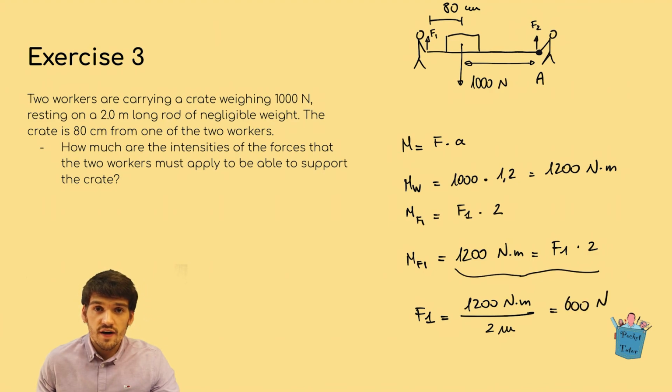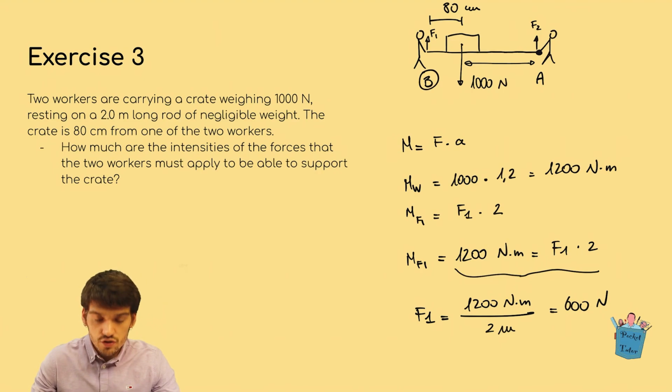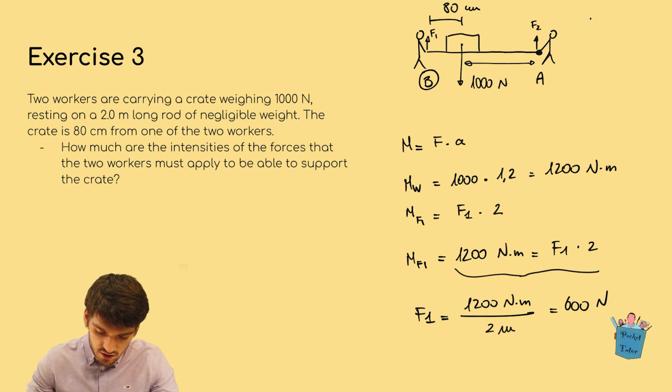And in order to find the value of F2, we could compute all the momentums with respect to a point B, located where the first worker is, and do the same calculations, but we can also compute the difference between the weight and the force applied by the first worker, because we know that along the vertical direction, we need that the sum of all the forces must be equal to 0 in order to have equilibrium.